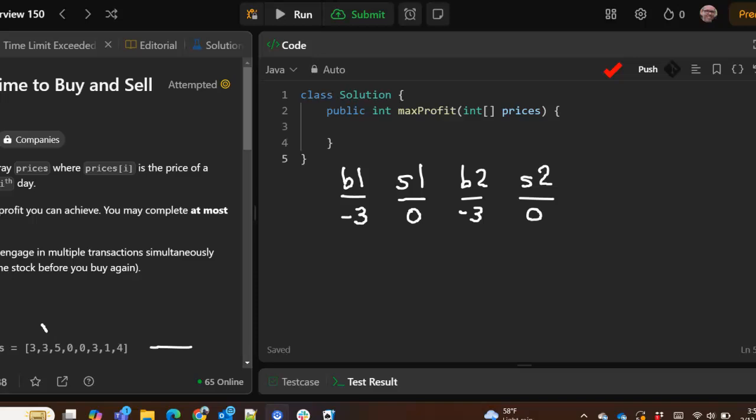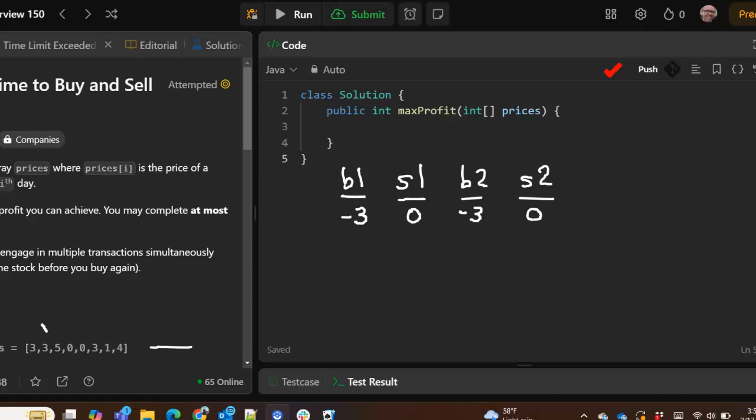Second buy is going to be the max of the second buy balance, or the first sell profit minus the current price, which again is 0 minus 3. It's negative 3. It's the same thing.